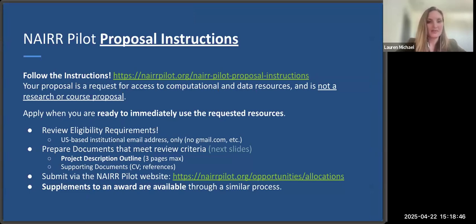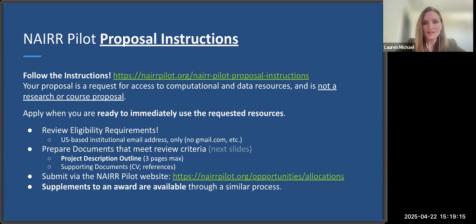The first is that you must demonstrate that you are ready to immediately use the requested resources, just as for the education and classroom call. The second is that it should fundamentally change how you write the proposal. Along these lines, it is also important to note that proposals not supported by a merit review grant are subject to additional scientific review. For this reason, you need to include related grant funding information with the submission, though projects do not have to have prior funding.